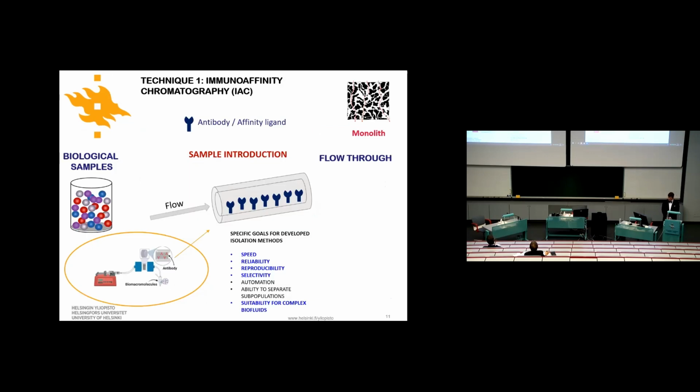Now, the first technique was called immunoaffinity chromatography. The basic principle of this technique is that we introduce a biological sample inside a monolithic column that has immobilized antibodies inside the column pores. The biological sample travels through the pores and the antibodies capture the biomacromolecules of interest.